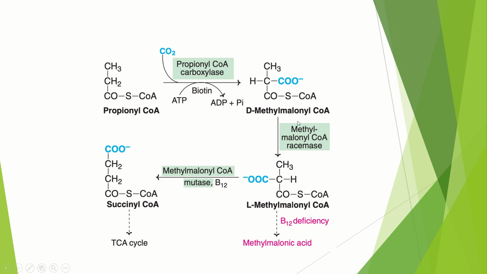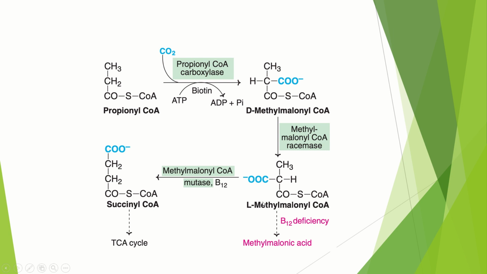This methyl malonyl CoA, with the help of methyl malonyl CoA racemase, will be converted to L-methyl malonyl CoA. So the D form is converted to the L form, and this step is essential for the entry of this compound into the metabolic reactions of the body.